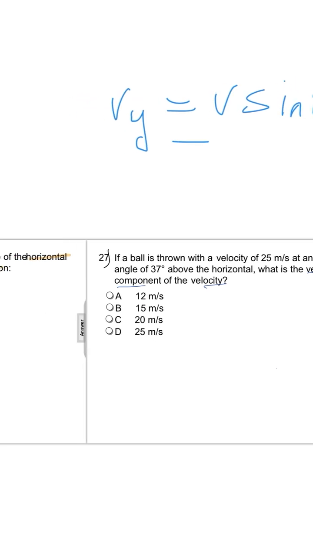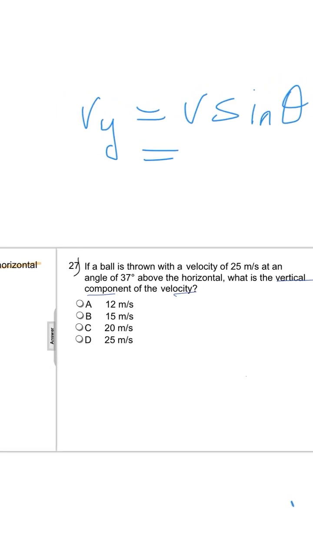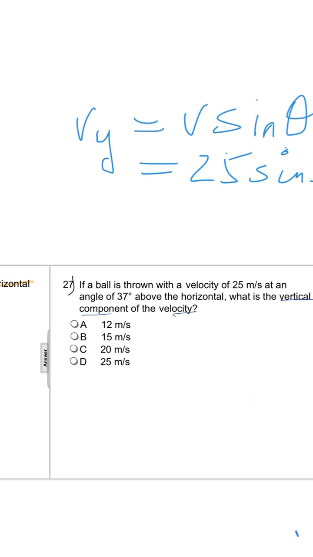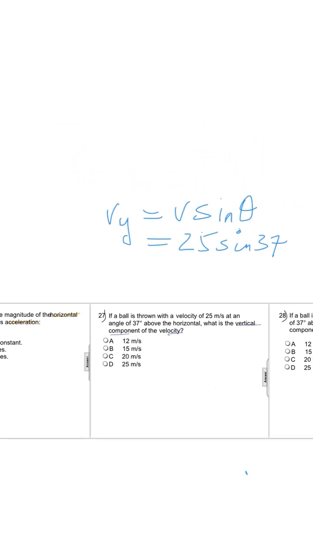So this would equal 25 times sine of 37. And you can do that in your calculator. That would be my answer. I'm still at electricity, so I'm going to let you solve that.